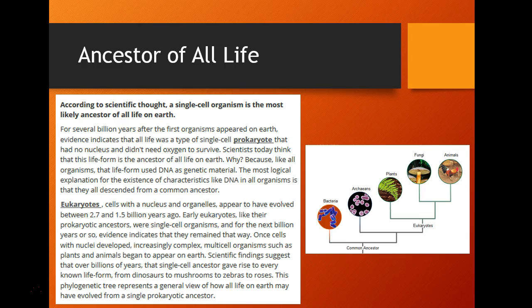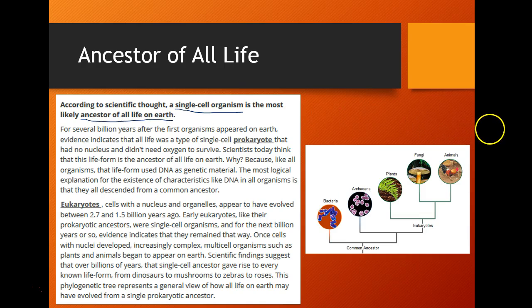So if we were to look back on what the first living organism looked like, scientists' best hypothesis is that we all came from a single cell organism. Since we all came from somewhere, scientists believe that the single cell organism is the ancestor of all life on Earth.